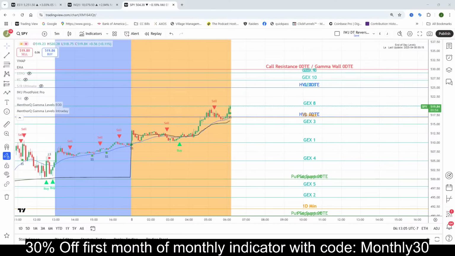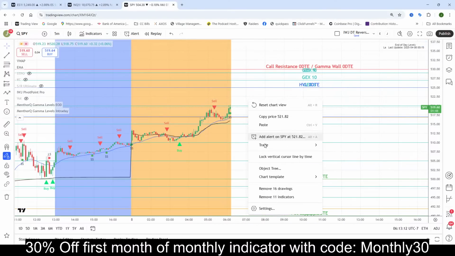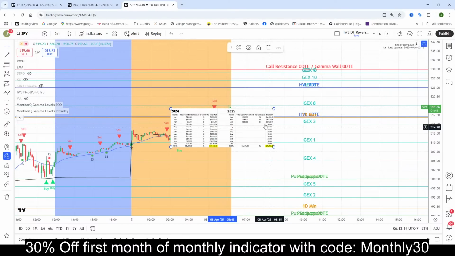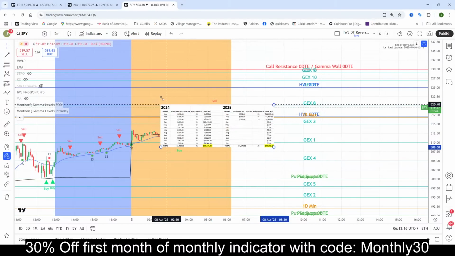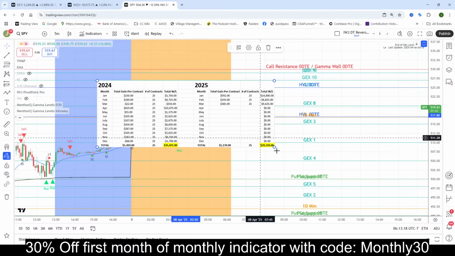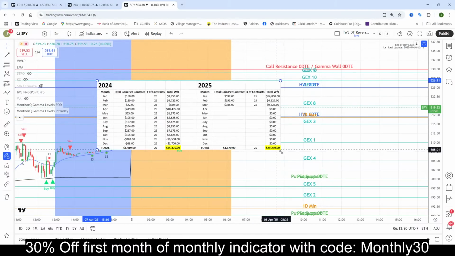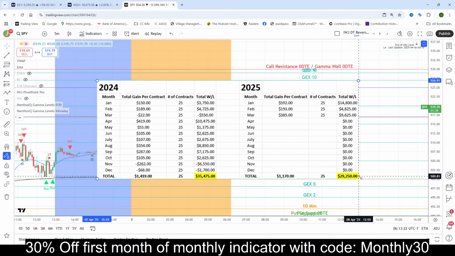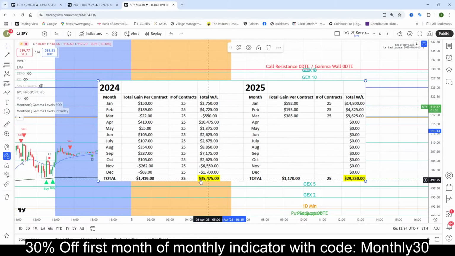We are always improving the indicator, and you'll see that here in the results that I post on the screen. So here is last year and this year. Last year we netted 35,000, and that included having the worst month we've ever had.